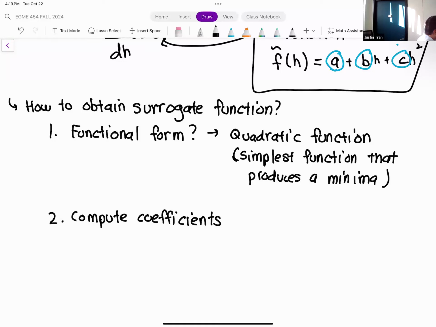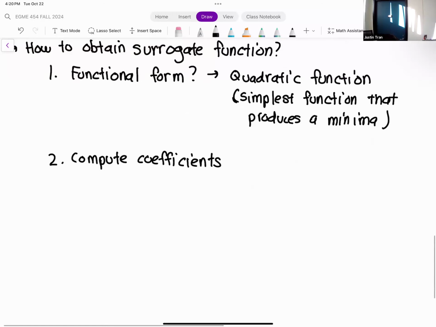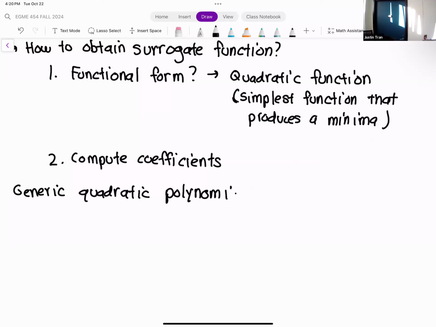After you determine the form, the next step is to write out the most generic form of that function. So if we take a generic quadratic polynomial, we have f of x.